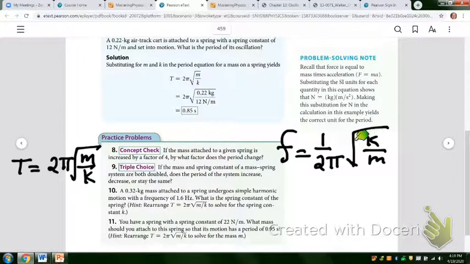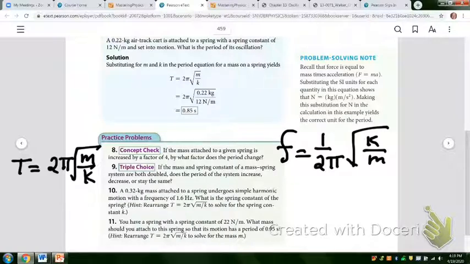If I'm going to find k, I'm just going to go ahead and solve for k before I plug those numbers in. So if I want to get this k by itself, the first thing I should probably do is multiply both sides times 2 pi. I should probably just do this on a bigger sheet so we've got more room.